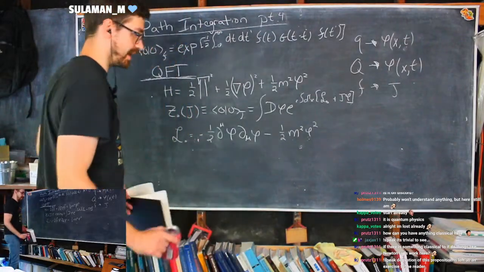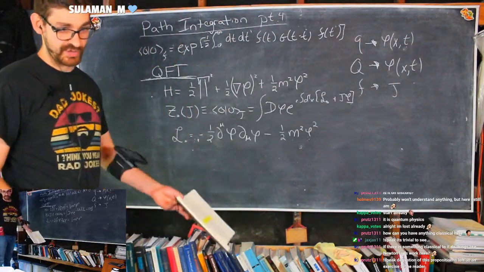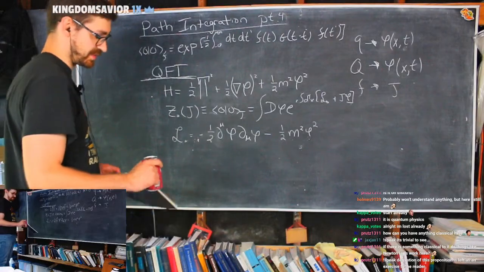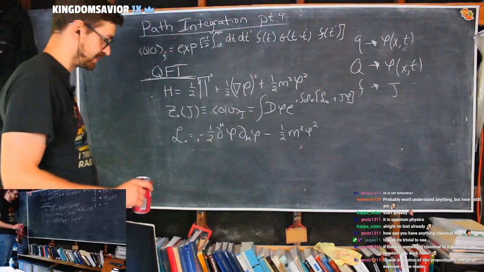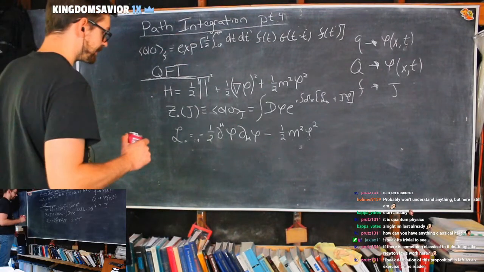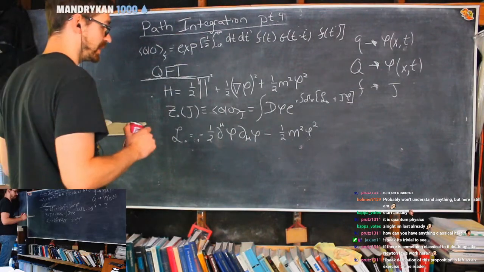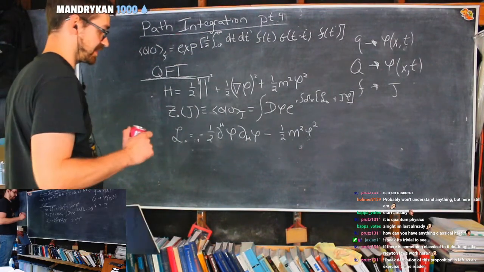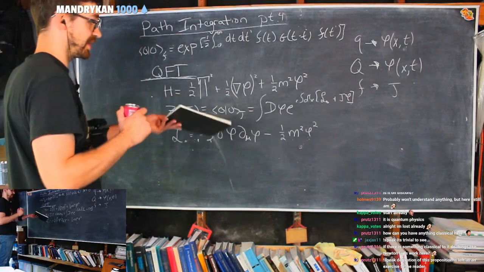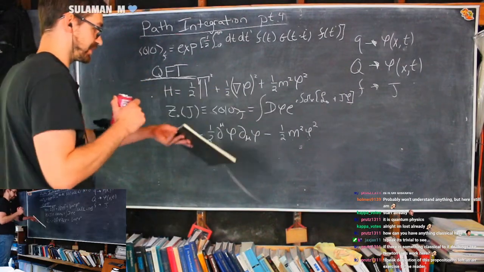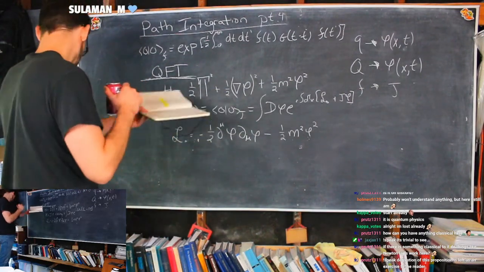You get rid of the momentum as long as the momentum is quadratic, and that there's no p times q terms, and then you're left with just the Lagrangian, which is just in terms of q, or in our terms is now in terms of phi, the field.